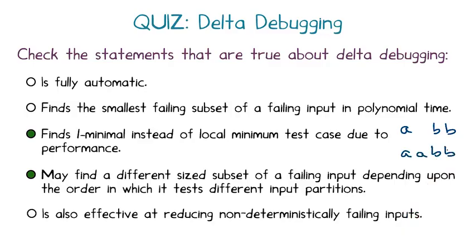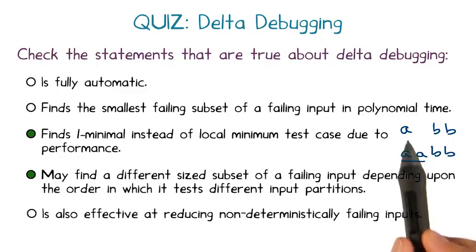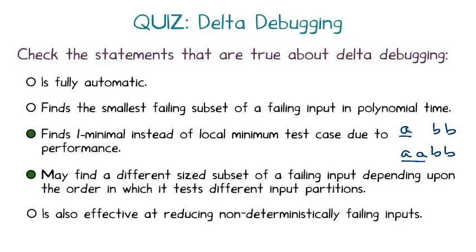If the minimization algorithm examines AA before BB on the first iteration, then it will end up with a one minimal test case A. On the other hand, if it examines BB before it examines AA on the first iteration, it will end up with the one minimal test case BB.